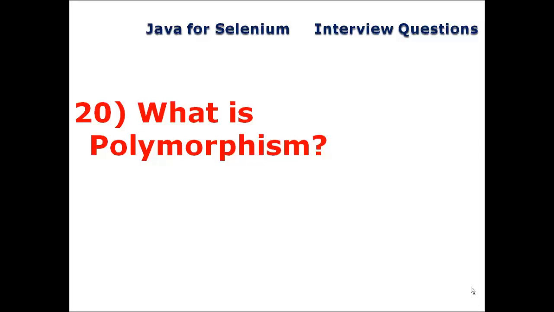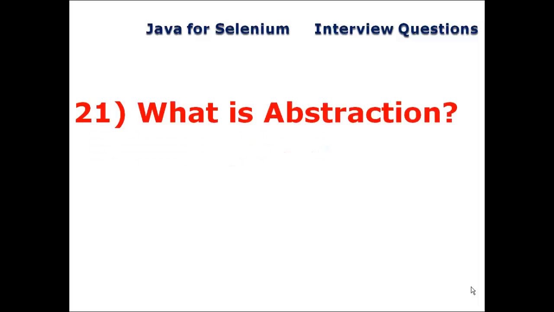Next, runtime polymorphism, dynamic binding, method overriding. Next, what is abstraction? It is a process of hiding implementation details and showing only functionality to the user.